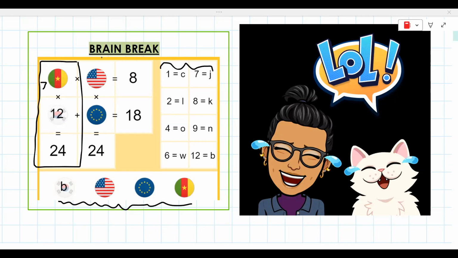I don't know maps that well, but something multiplied by 12 needs to give you 24. But also something multiplied by something needs to give you 8. So what is a number that we can multiply with 12 that gives us 24?